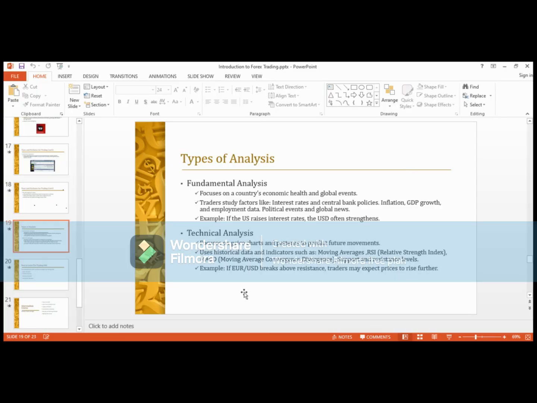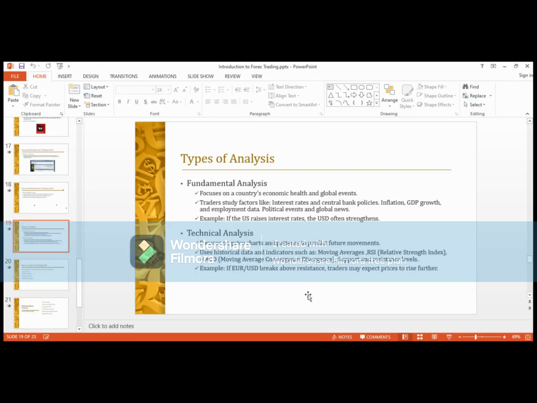So let's say we have an area that is supposed to be a resistance, and we have a support here. Let's say price has bounced from a support and is going towards a resistance. Once it gets to the resistance, price bounces. It's resisting price.